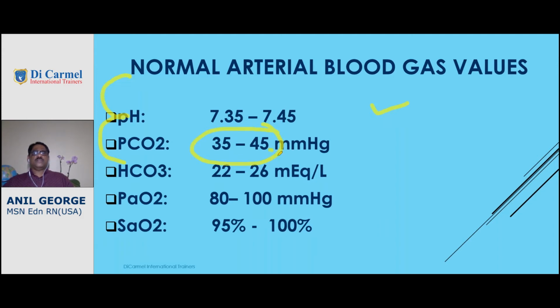If that 45 goes to 50 or 60, the body is becoming more acidic, because carbon dioxide is acidic. That's why a patient with an asthma exacerbation, when they retain carbon dioxide, can go into respiratory acidosis.